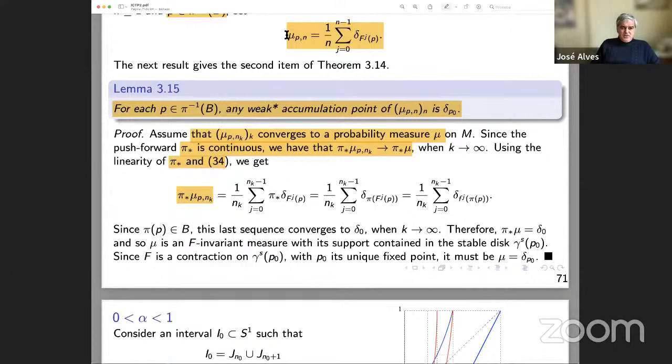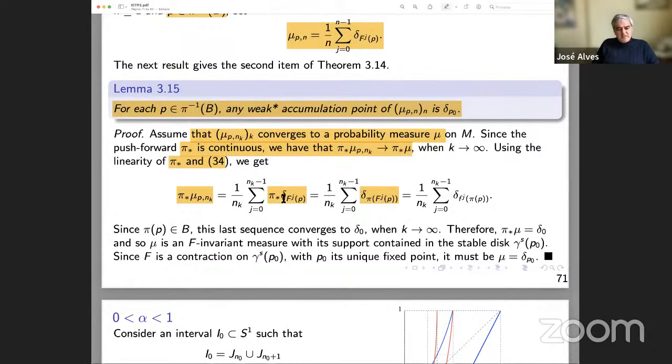The sequence is defined here. I'm applying pi star, so I can take pi star inside. But then pi star of this is, by the semi-conjugacy, pi of the image. It's very easy to see this property. But then this is equal.